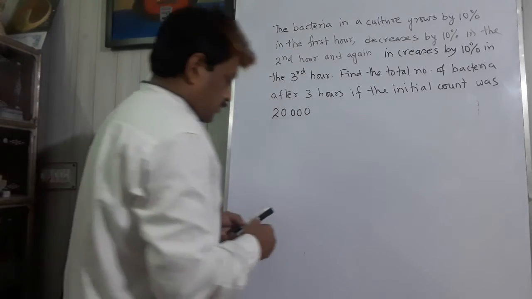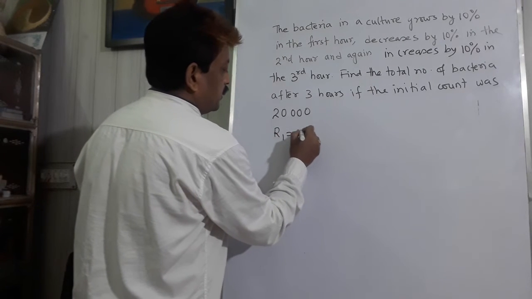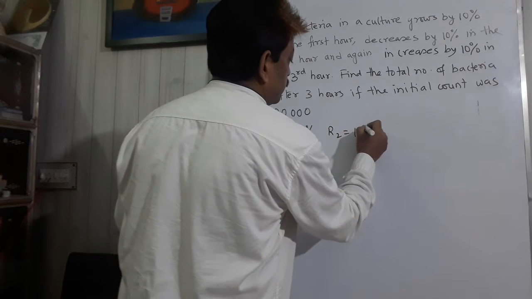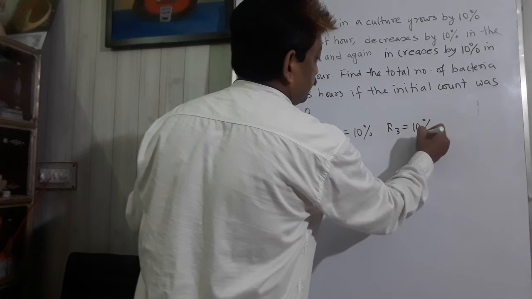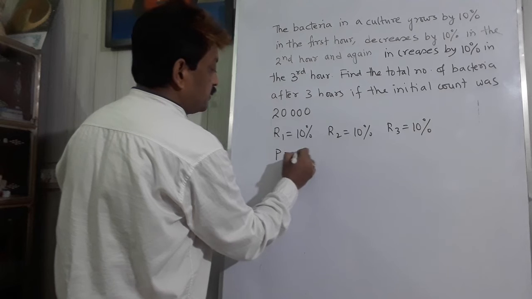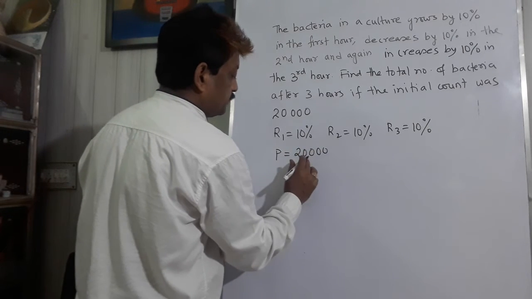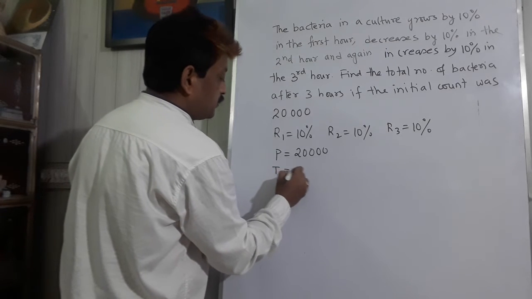So there are 3 rates of growth. Okay, so let us write like that. R1 equals 10%, R2 equals 10%, and R3 is also 10%. Initial count, that is P, is 20,000, and time is 3 hours.